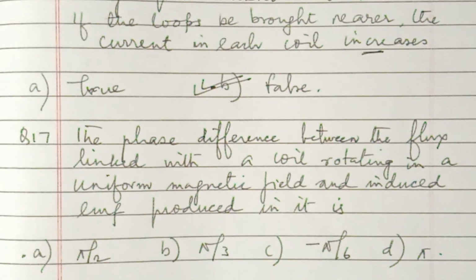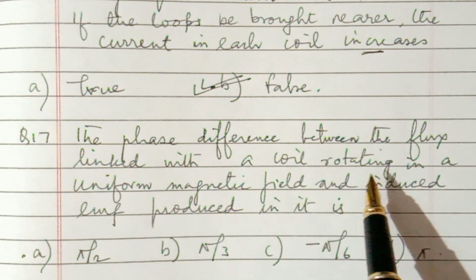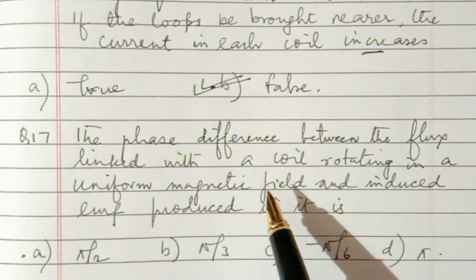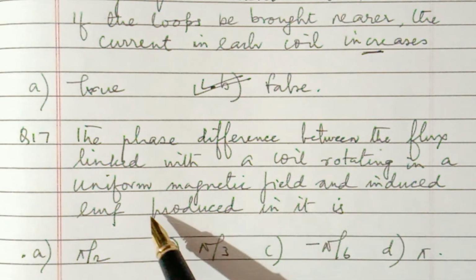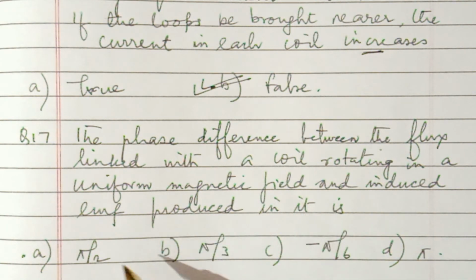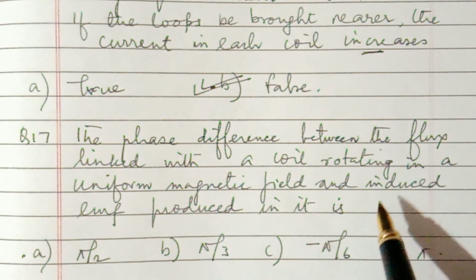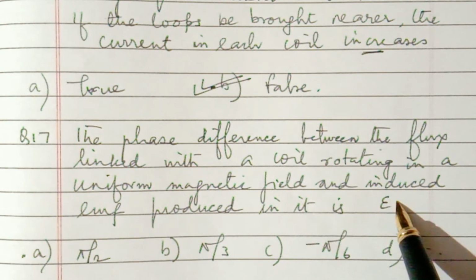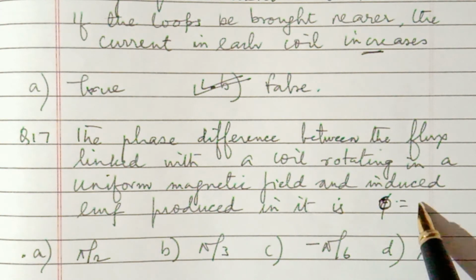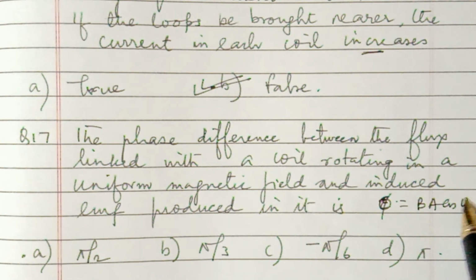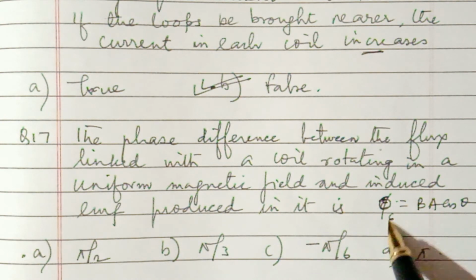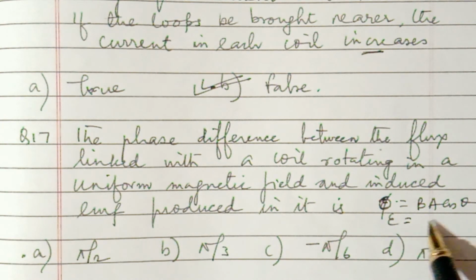Next question. The phase difference between the flux linked with the coil rotating in a uniform magnetic field and the induced EMF produced in it is pi by 2, pi by 3, minus pi by 6 and pi. So you just remember that flux is related with cos theta, and EMF will depend on sin theta.